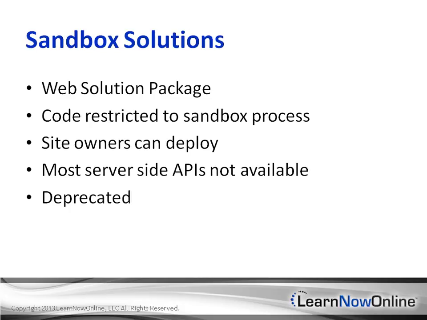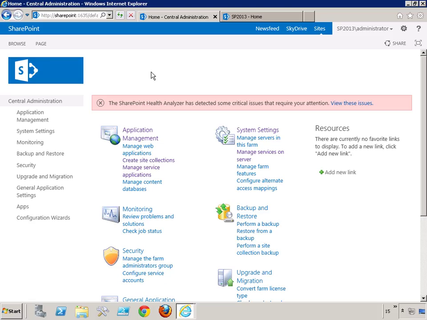All right, let's move over to a server, and what we're going to do is turn on the user code service, and then we'll create a very simple Sandbox solution to create a list instance. So we're going to build a simple Sandbox solution right now, and to do that I need to actually turn on the Sandbox service in my farm.